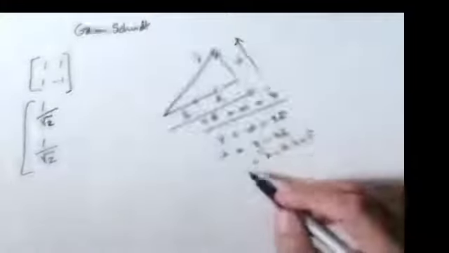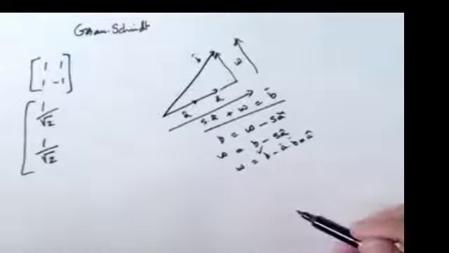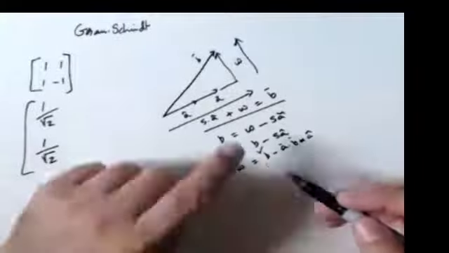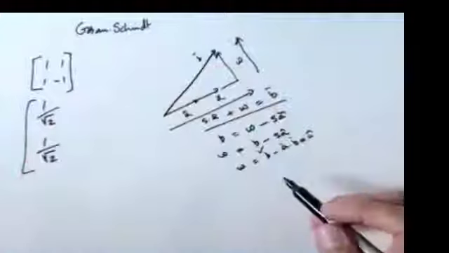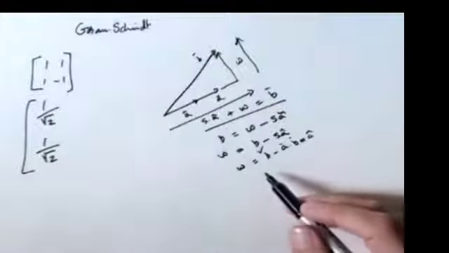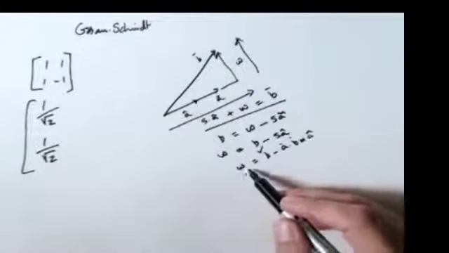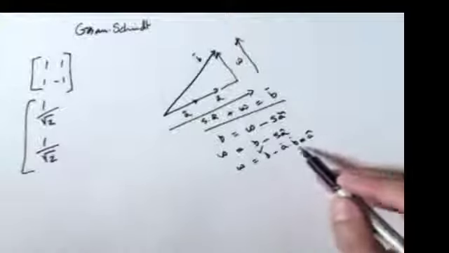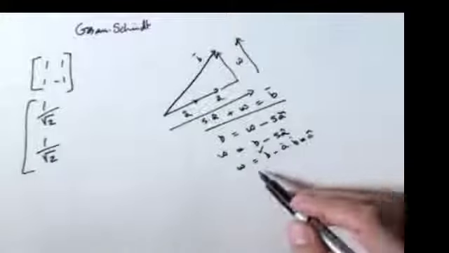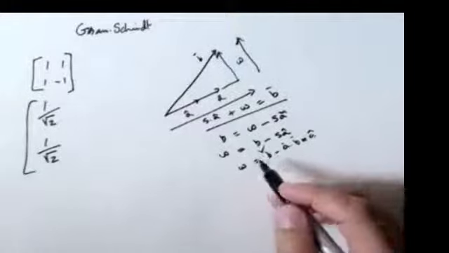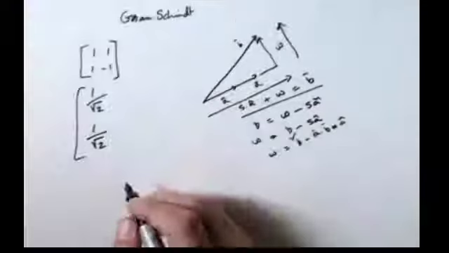So this is my new W. Remember, this is in the direction orthogonal, and finally I have to normalize this by dividing it by its own magnitude. So let me do these calculations over here.